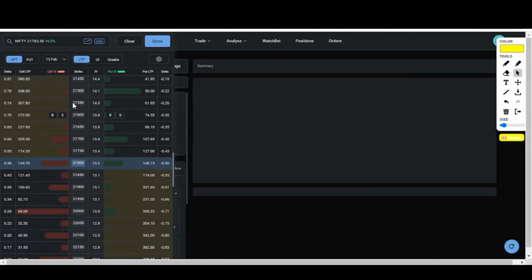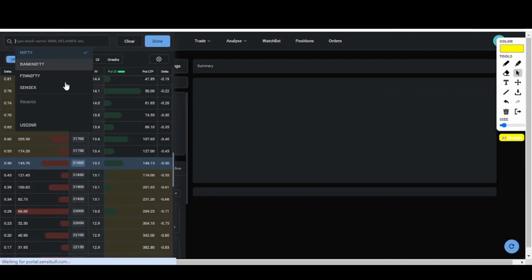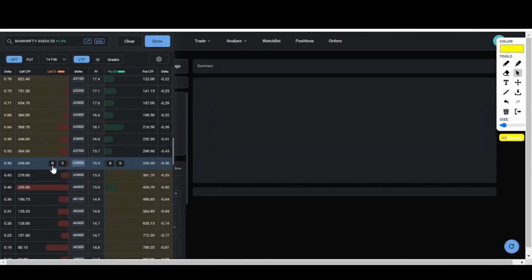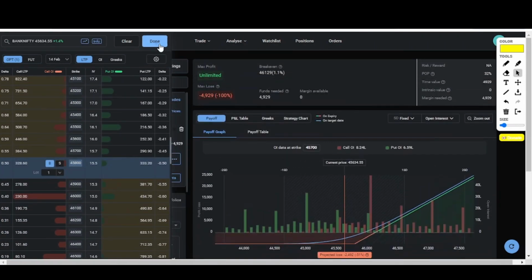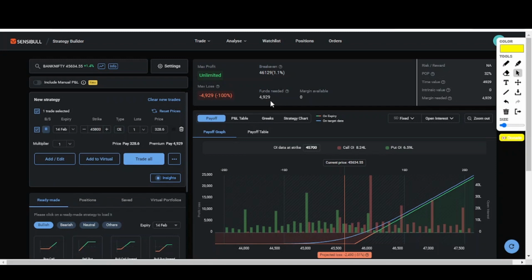Similarly in Bank Nifty, if you buy an ATM weekly option, we need 4,929 rupees. Crazy, right? This is how option buying is an advantage, especially with respect to USDINR.